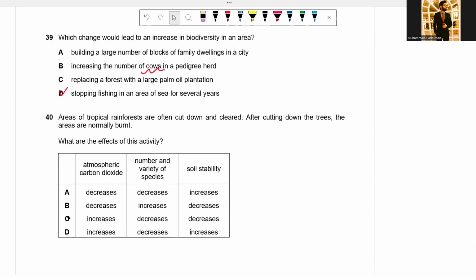In question number 40, areas of tropical rainforest are often cut down and cleared. After cutting down the trees, the areas are normally burnt. What are the effects of this activity? Atmospheric carbon dioxide: by burning, there is always an increase in the concentration of carbon dioxide.